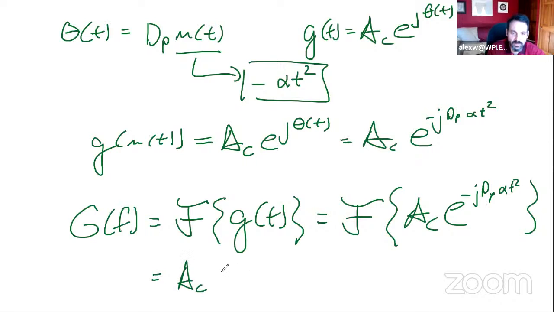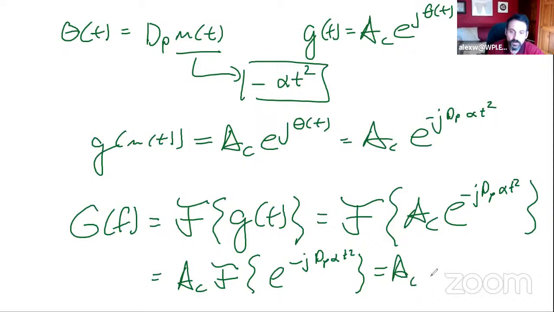We can take out AC, it's constant. And there's a reason why I chose this, because this Fourier transform will yield the following.